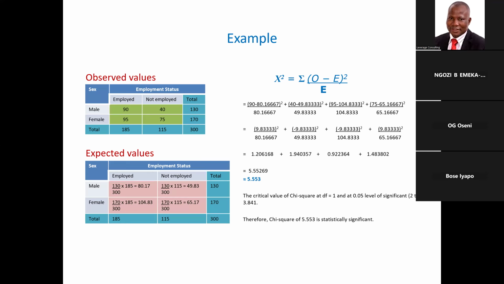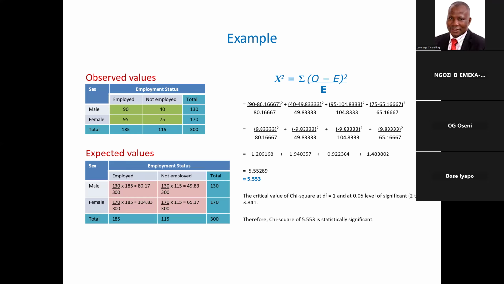This difference may be just a chance occurrence. If it is chance occurrence, it just happened like that. If you redo this, maybe you recollect your data, you may find that it changes. You may have more female being employed than male. So in order to validate this difference, I observed that male is more employed than female. Is it due to chance?